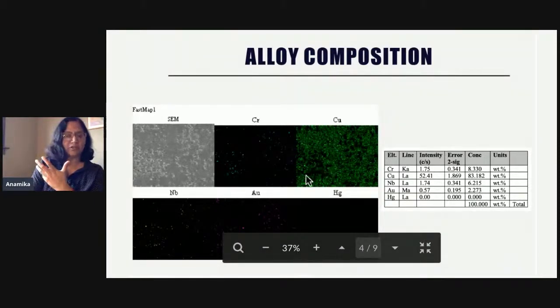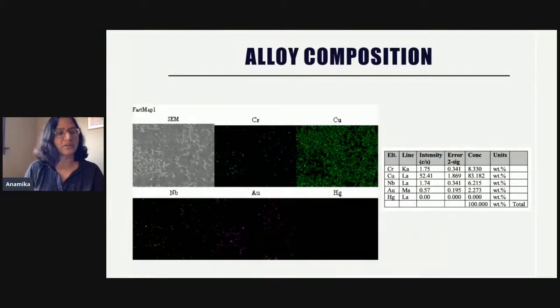Copper is obviously everywhere, but dots will show where the chromium is or where the niobium is, and you sometimes have other trace elements also present. So alloy composition analysis also means not only finding the composition, but the distribution and internal structure in that. We try to do that through various tools available here.